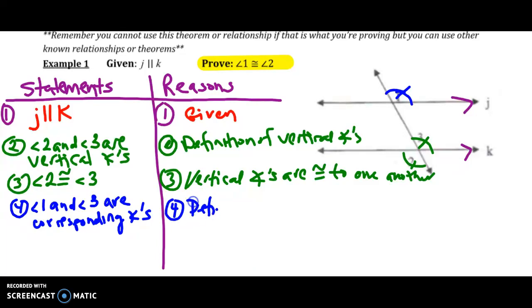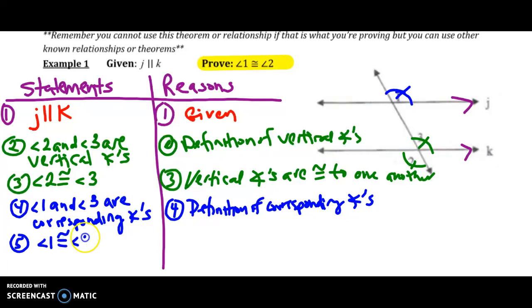definition of corresponding angles. Then let's open it right up. Because the line is parallel, we know that angle 1 is congruent with angle 3. And this is the important piece.